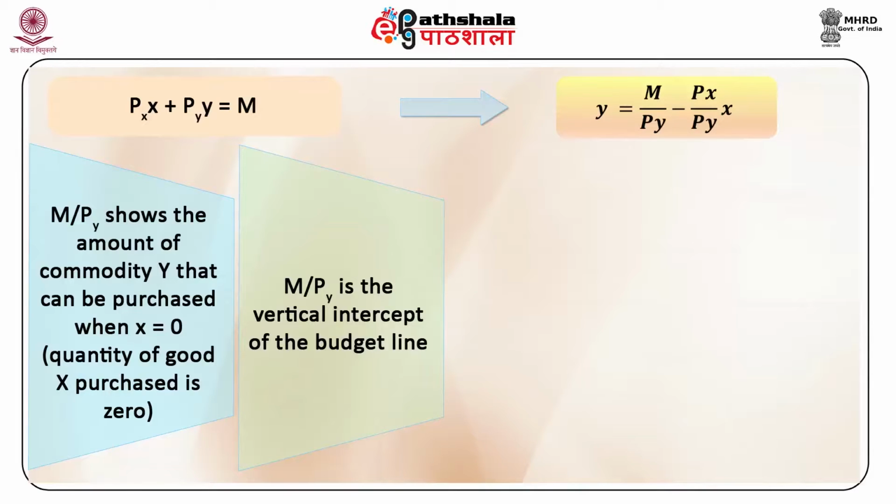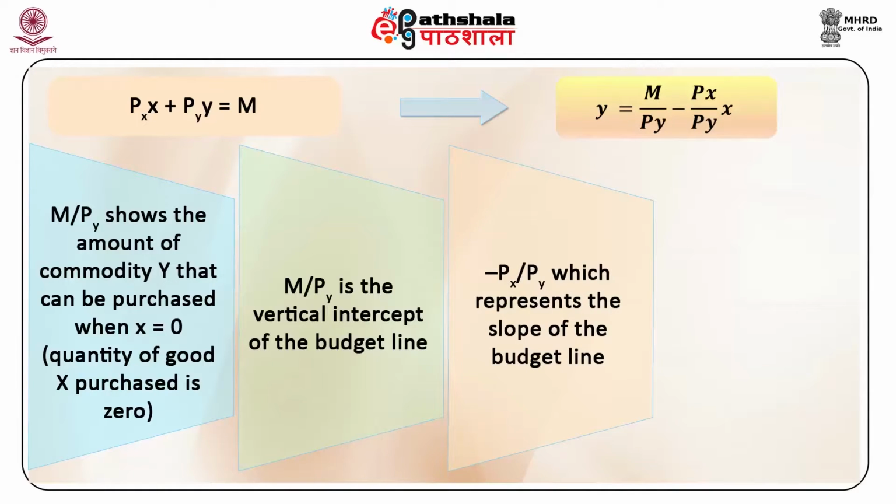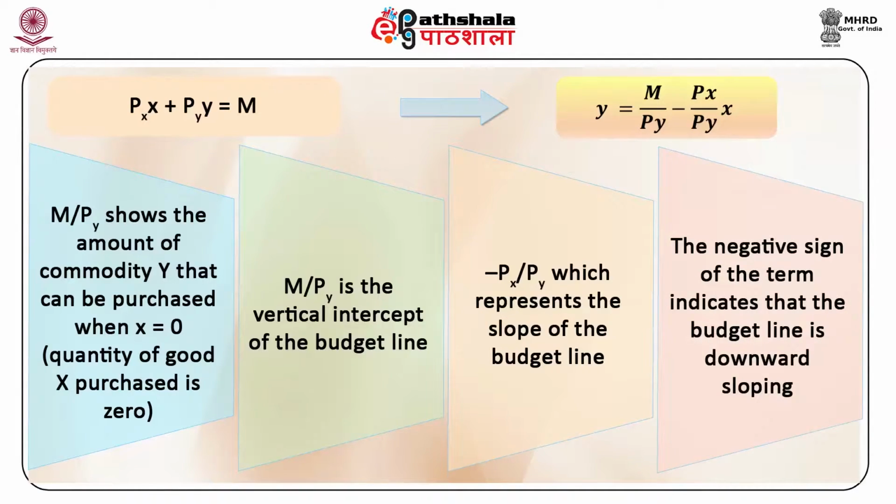In the figure, the second term of the equation has a coefficient equal to minus Px upon Py, which represents the slope of the budget line. Further, the negative sign of the term indicates that the budget line is downward sloping.